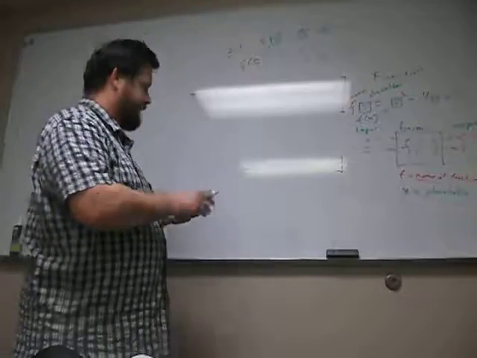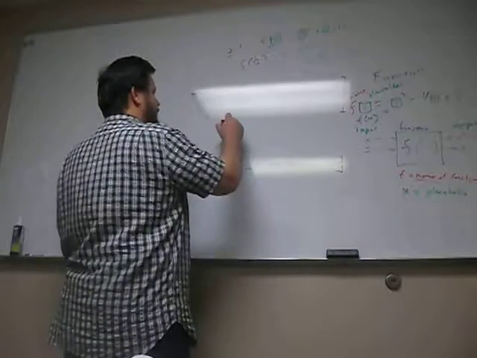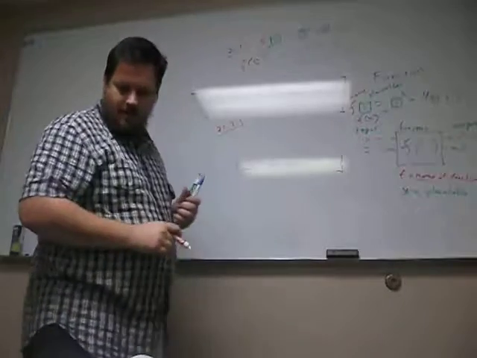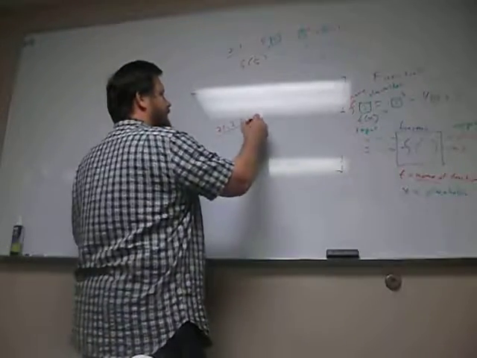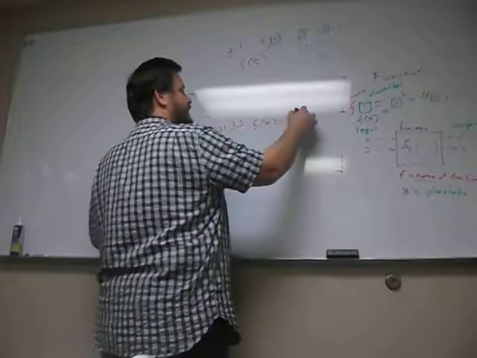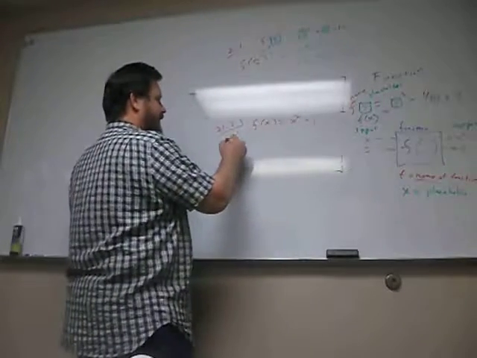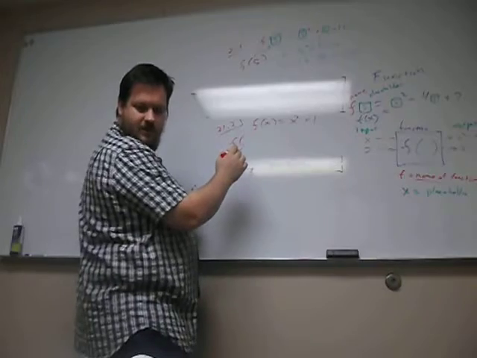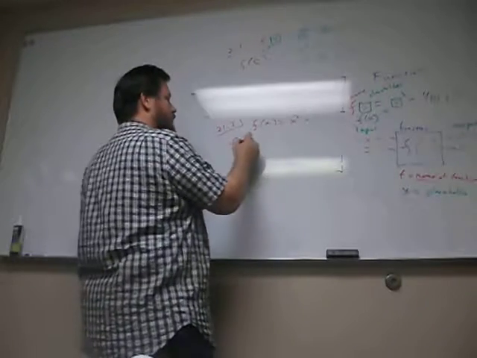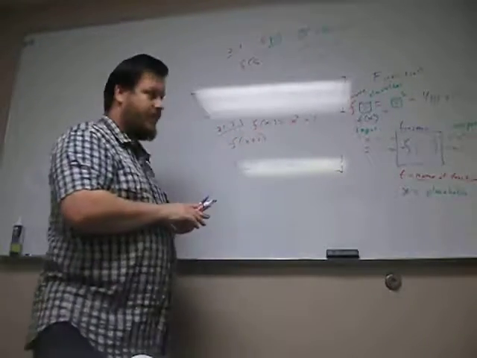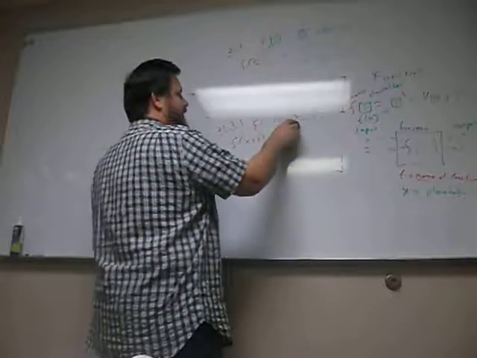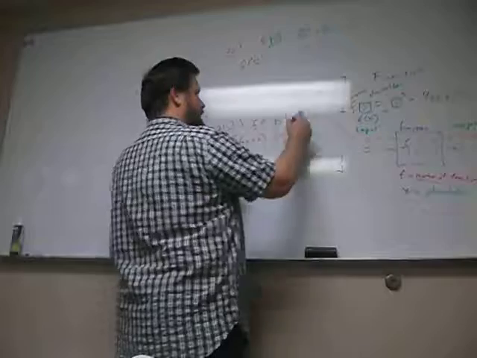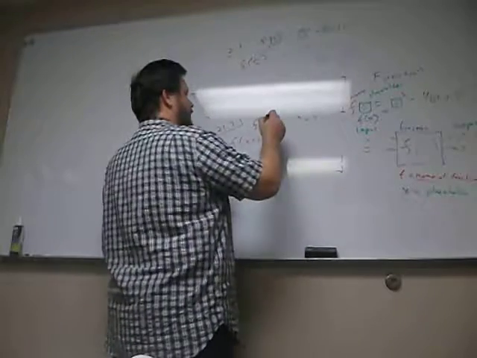Another one. 21.2. f of x equals x squared plus 1. And it says find f of x plus 2. Oh dear, what are we going to do here? Well, remember that the x here is nothing but a bucket to hold things in.